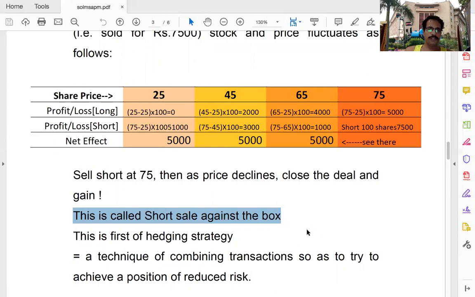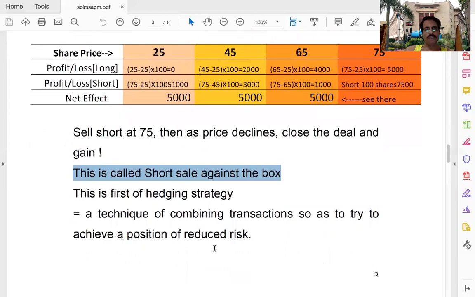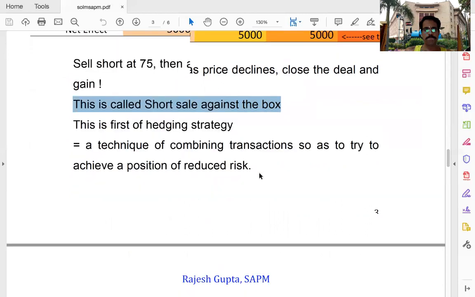This is the first of the hedging strategies, a technique of combining transactions so as to try to achieve a position of reduced risk.